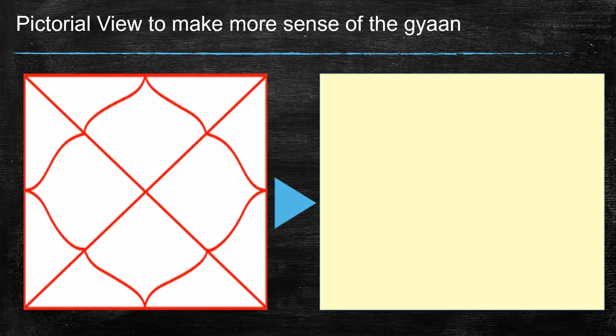So now let's really try and make sense of how the Arudha Pada of a house is calculated. Okay, let's assume that this is a Leo Lagna.